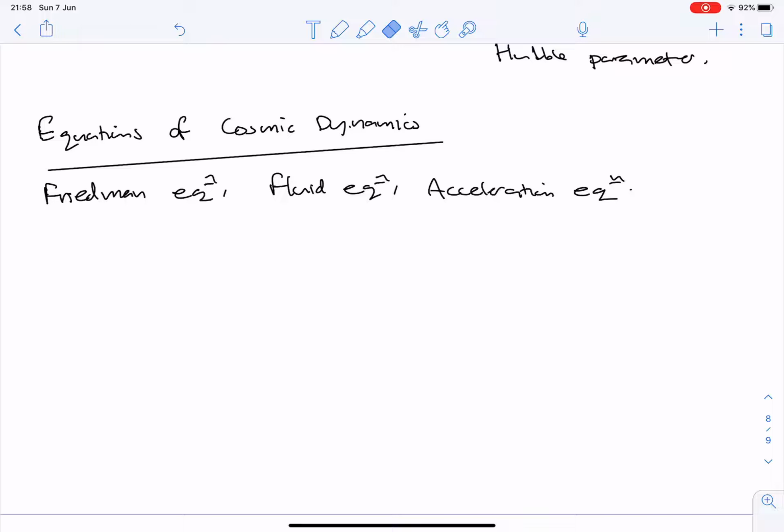So to get these equations, firstly, of course, you have to go from the interval to the metric. So identify all the different bits.